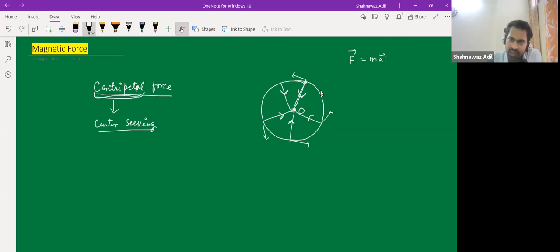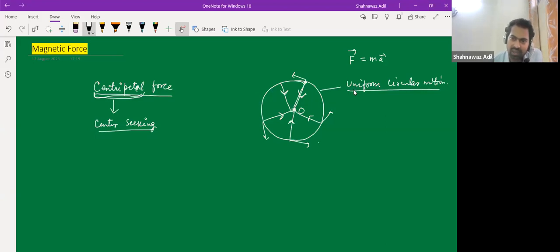So this is an example of uniform circular motion, right? So what does this centripetal force do? It binds the particle or object, or it confines the particle in this circular motion.